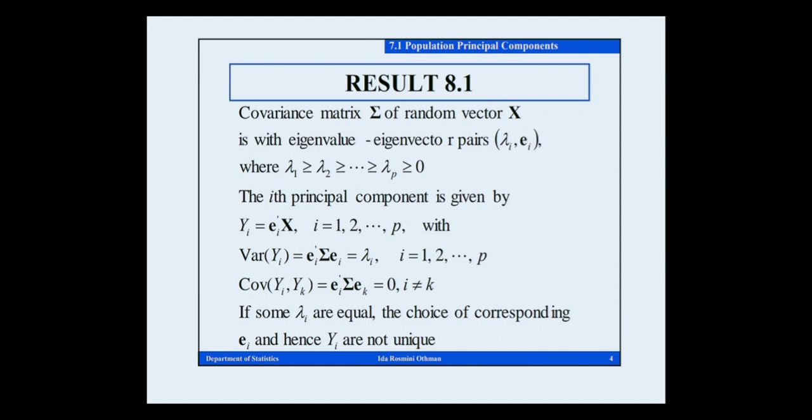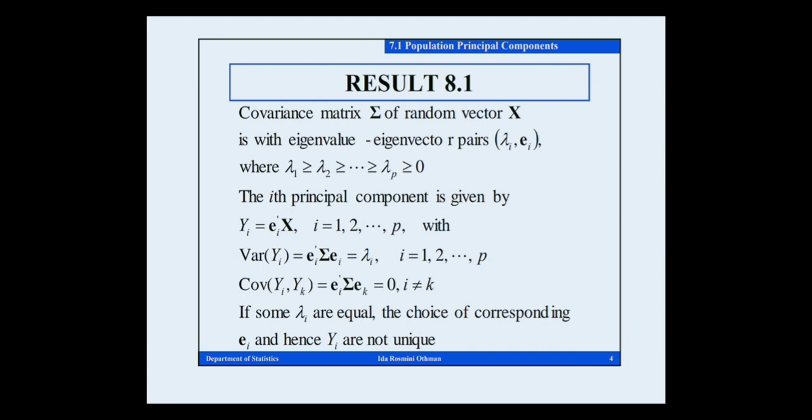Remember before this, what the eigenvalue and eigenvector are, which you learned in chapter 2. You know how to find the eigenvalues and eigenvectors. The notation for eigenvalue is lambda i.